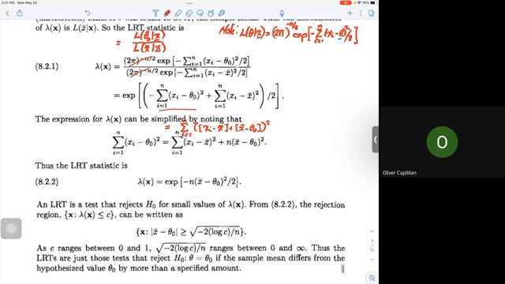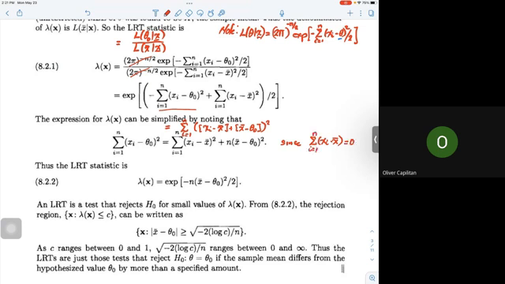And then expanding it, we actually have 3 terms, but the final answer will consist of only 2 terms because the middle term, when we expand it, involves the summation of x sub i minus x bar, which is equal to 0.